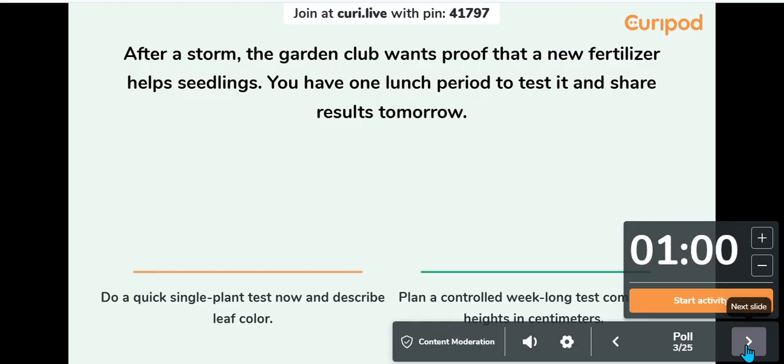After a storm, the garden club wants proof that a new fertilizer helps seedlings. You have one lunch period to test it and share results tomorrow. So what you can do right now is a quick single plant test and describe the leaf color. Write it down, maybe put your answer in the comments. So we're just gonna wait a minute for that.